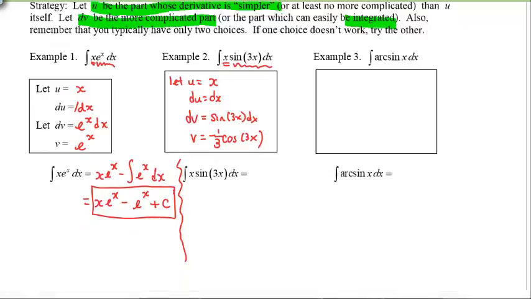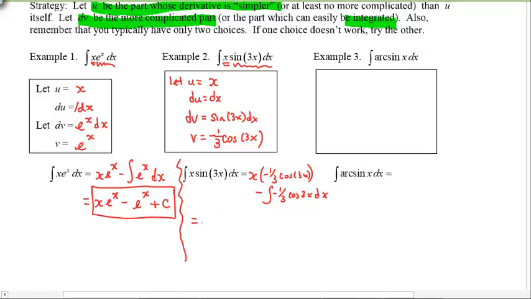So once again, ultraviolet voodoo. So here we go, x, uv, negative 1/3 cos 3x minus the integral of v du, negative 1/3 cos 3x times du, which is dx.